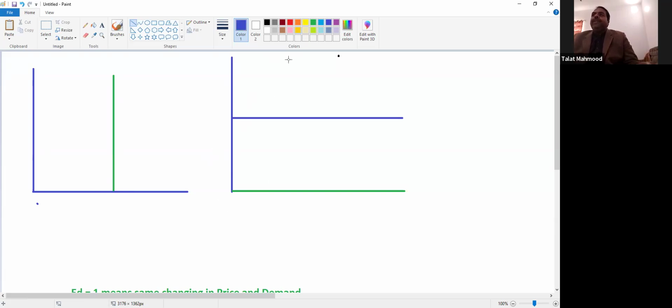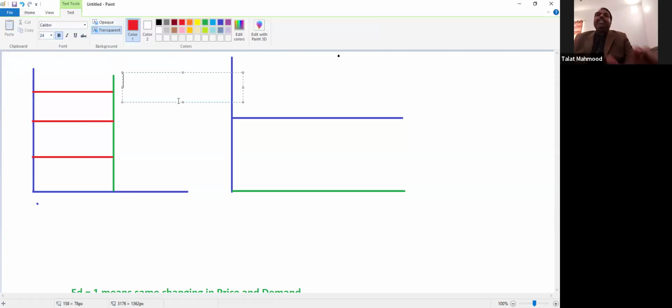So what are these curves? Let's check. We see that if price is P1, quantity demanded is the same. If price is decreasing, quantity demanded is the same. If price decreases more, quantity demanded is still the same. So demand is not affected by price.